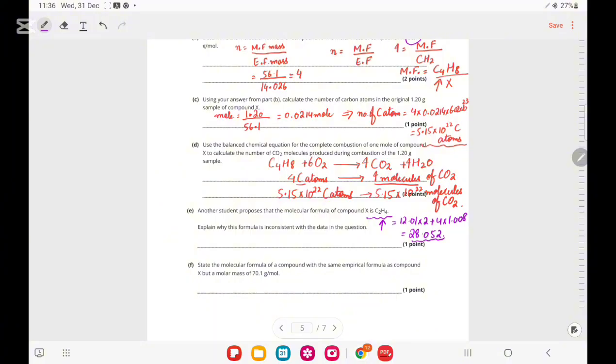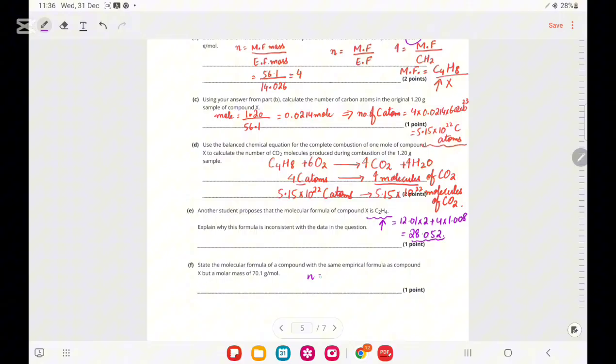State the molecular formula of a compound with the same empirical formula as compound X, but a molar mass of 70.1. He wants us to find out what is going to be the molecular formula of the compound now.